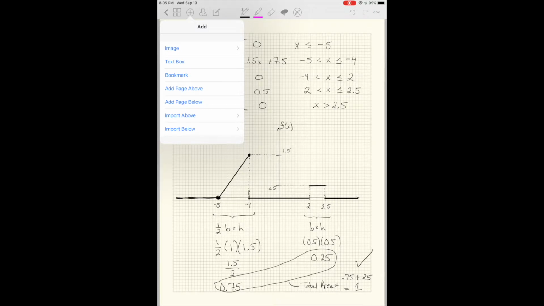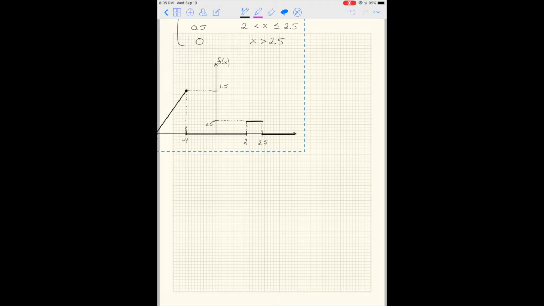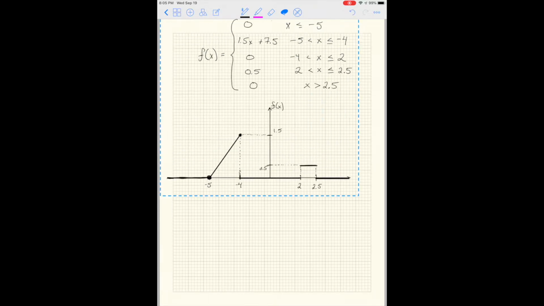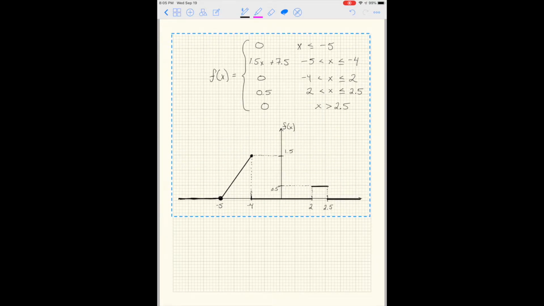So let's add a page below here, and then we'll paste that in just like before.